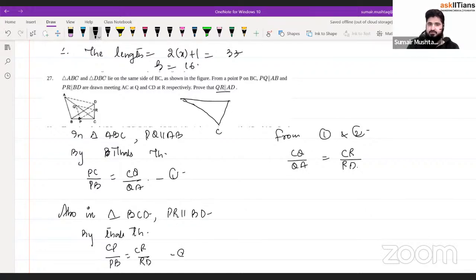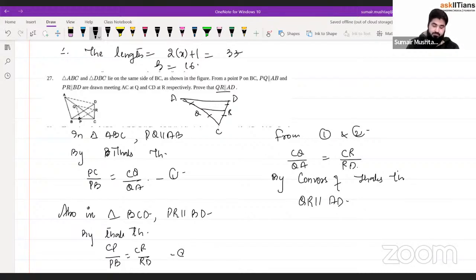This is C, this is D, this is A. Okay, this is R, this is Q. CR over RD is equal to CQ over QA. Can I say by converse of Thales theorem, QR is parallel to AD?